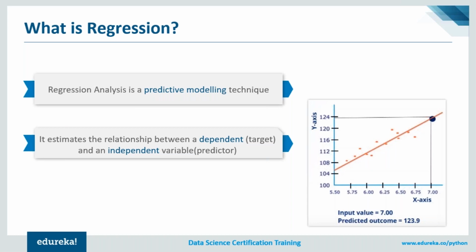So if you have to read, it estimates the relation between a dependent variable, which is the target, and an independent variable, which is the predictor. So in our example of predicting the weather temperature tomorrow, all the parameters which we said, the month of the year, the continent, the geography, everything is your independent variable, while the dependent variable is your actual temperature.